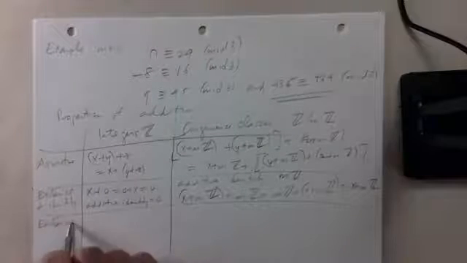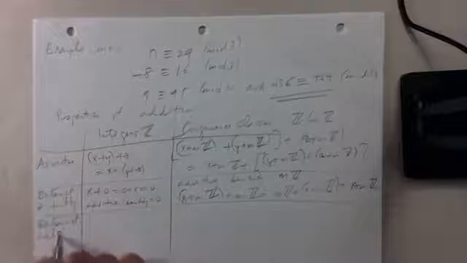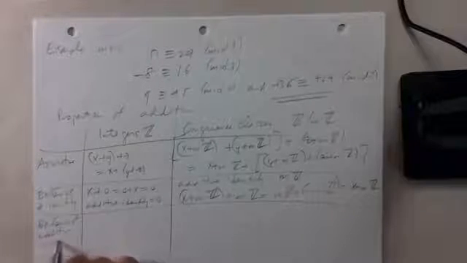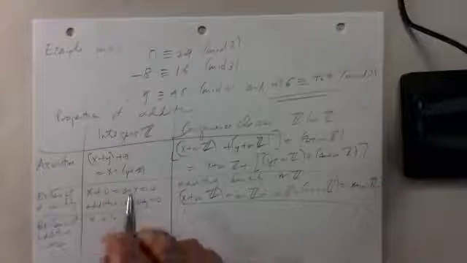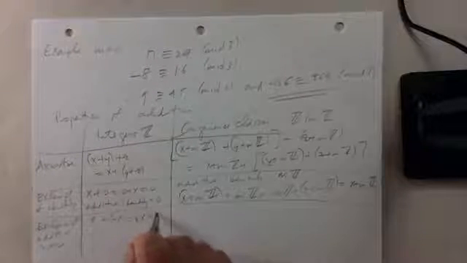And we also have the existence of an additive inverse. Namely, for any integer x, there's an integer minus x, and x plus minus x and minus x plus x is 0.